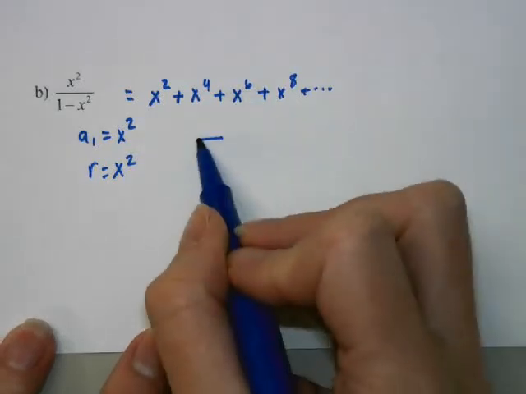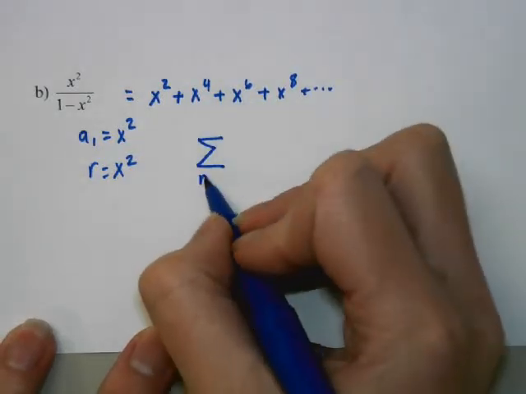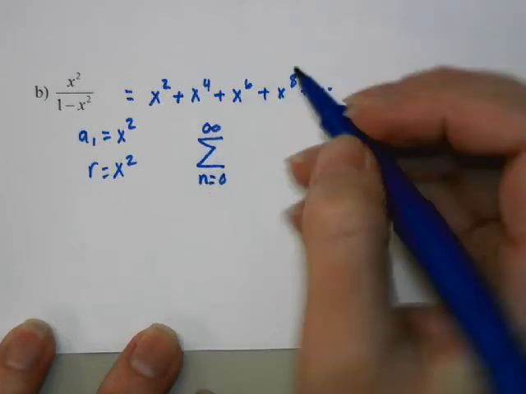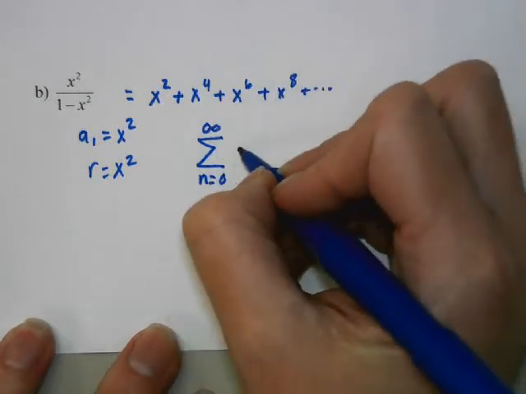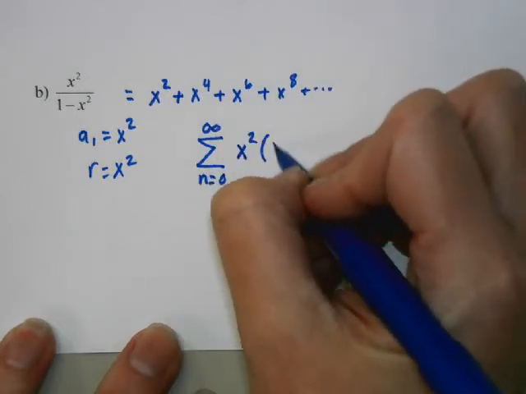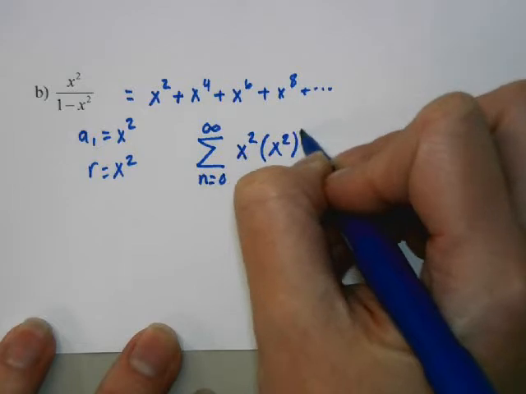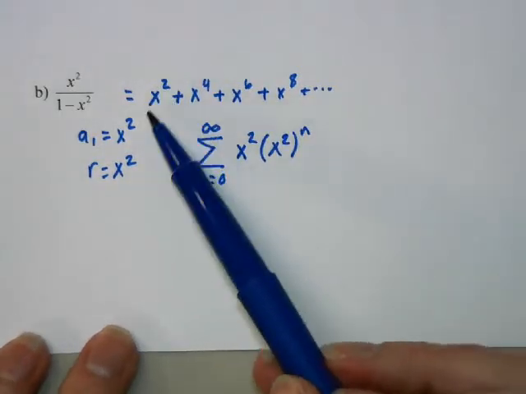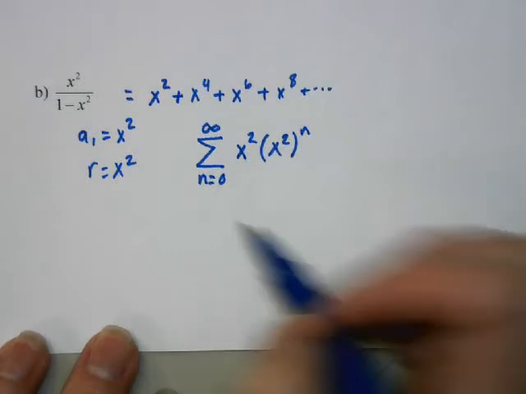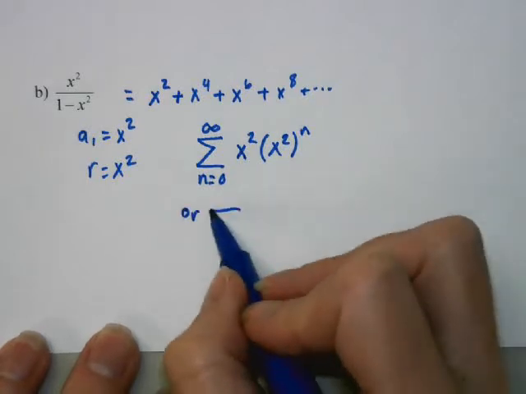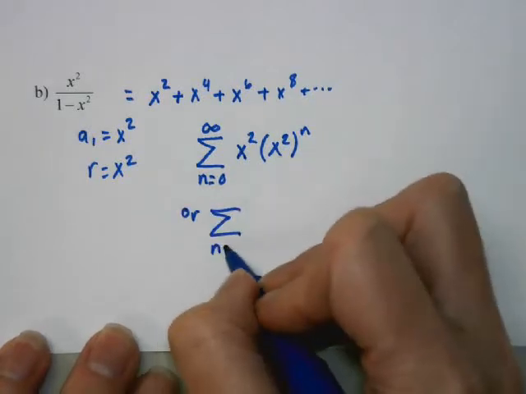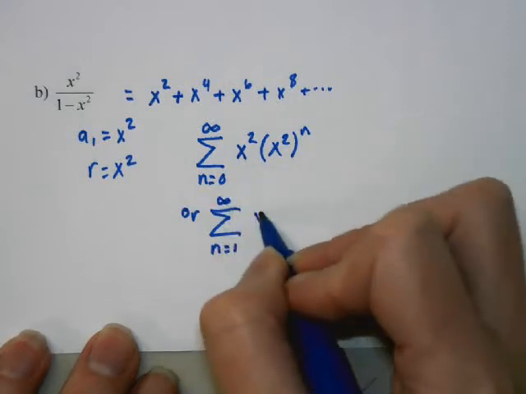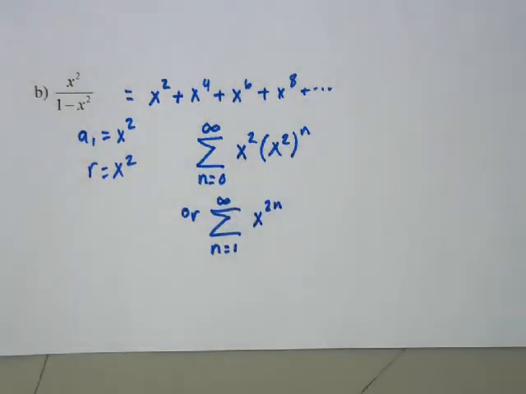So in sigma, there's always multiple ways to write things in sigma notation. This one, if I did my a1 times r to the n, it would be like this. We could also look at this: we have x squared, x to the fourth, x to the sixth. So I could, if I wanted to, write it as n equals 1 to infinity of x to the 2n.